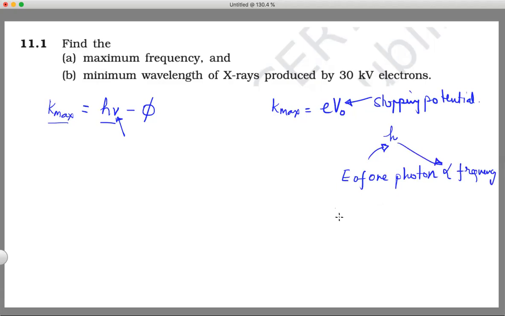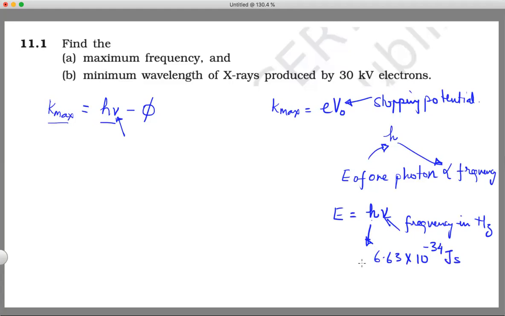So energy of a photon is equal to h nu, where nu is the frequency in hertz. The value of the Planck's constant is roughly 6.63 into 10 raised to power minus 34 joule second. Okay, so this is the Planck's constant.